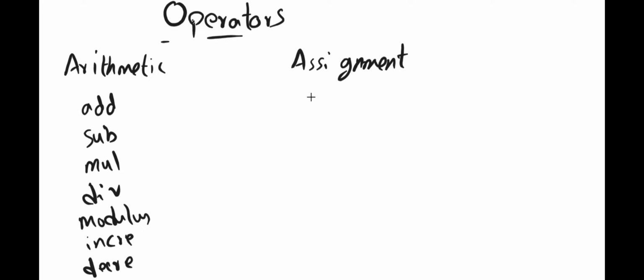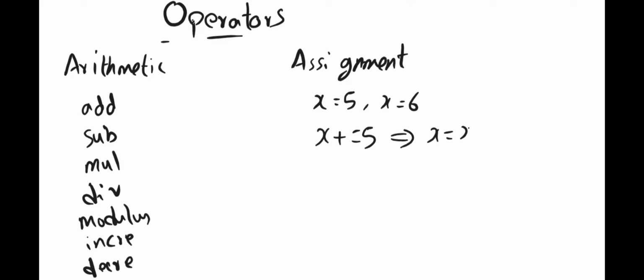And coming to assignment operators, they are nothing but adding values to the required variables, like x equal to 5, x equal to 6, like this. In assignment operators, we have other operators also, like x plus equal to 5, which means x equals x plus 5.